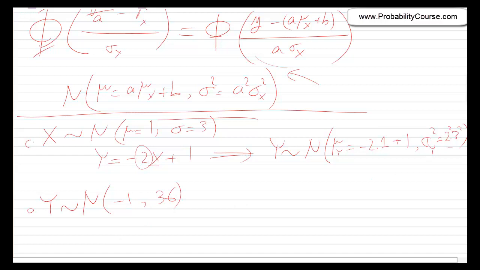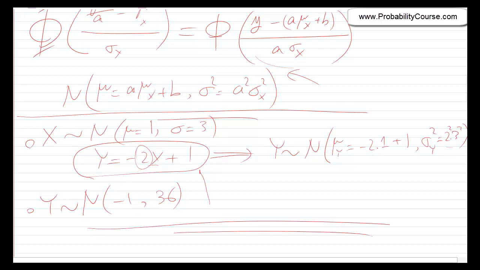So when we have a linear function of a normal random variable, we obtain another normal random variable, and this is a useful property that we can use in some problems.